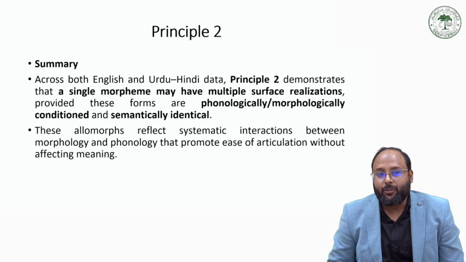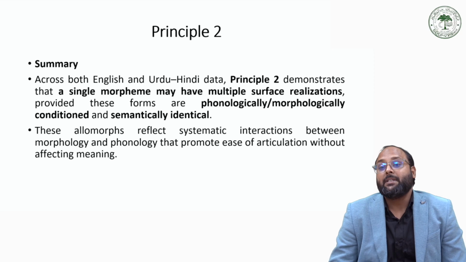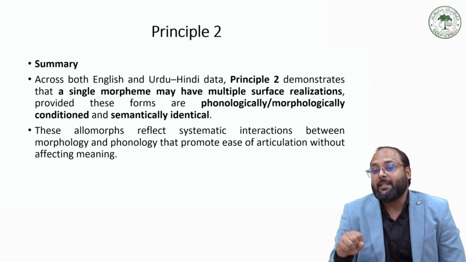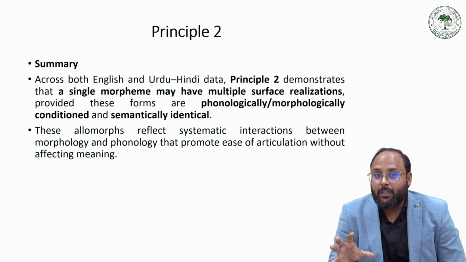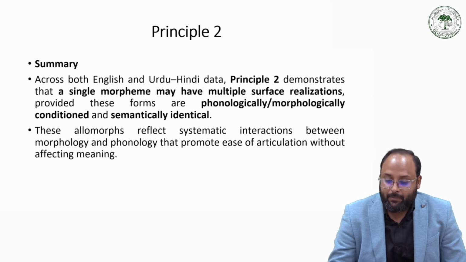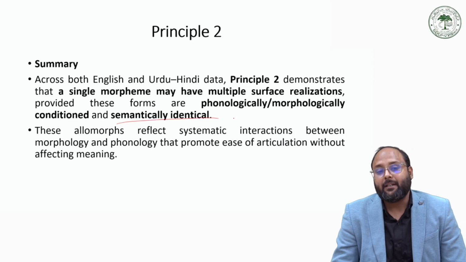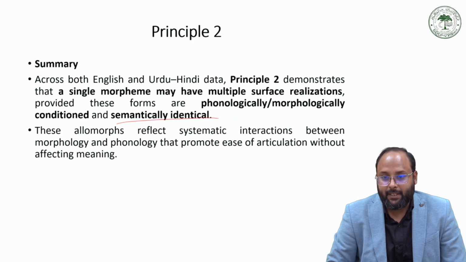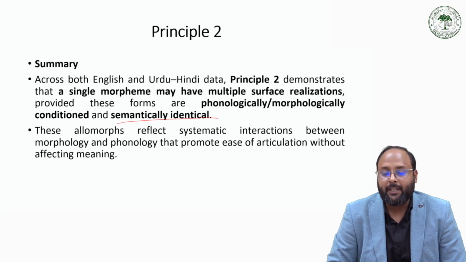So when we summarize this principle two, across both English and Urdu or Hindi data, principle two demonstrates that a single morpheme may have multiple surface realizations. It means the variation in their occurrence is due to some phonological or morphological condition, but the meaning is the same. Semantically they are identical. So these allomorphs reflect the systematic interaction between morphology and phonology that promotes ease of articulation without affecting the meaning.